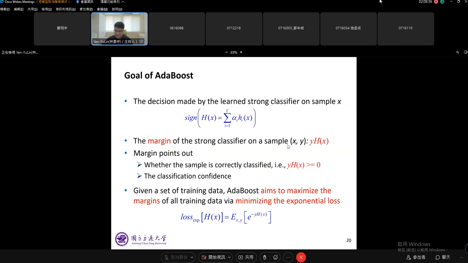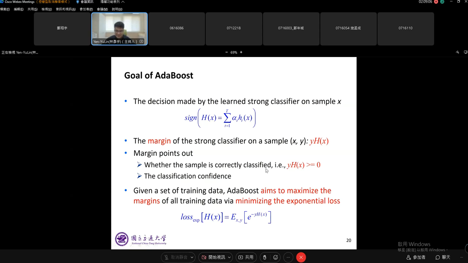So let's look at the meaning of margin. Actually, margin indicates two important properties of the classification result. The first property of margin is that it is used to indicate whether the sample is correctly classified or not.